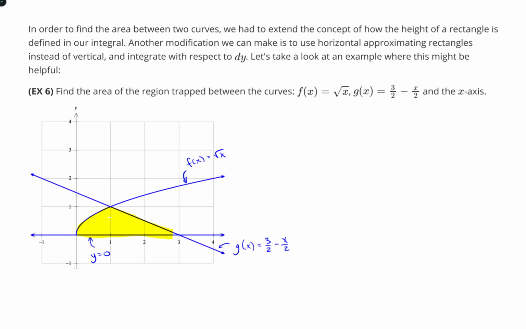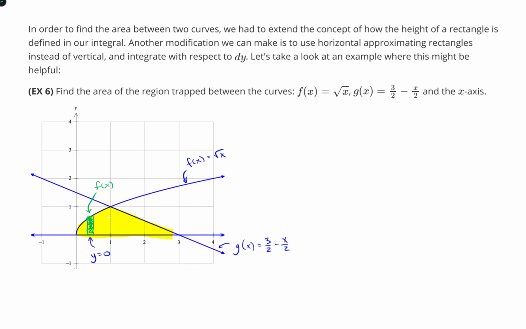The problem we're going to run into, however, is that on one part of this interval, we have a rectangle where the top is defined by our function f of x, but the bottom is y equals 0.